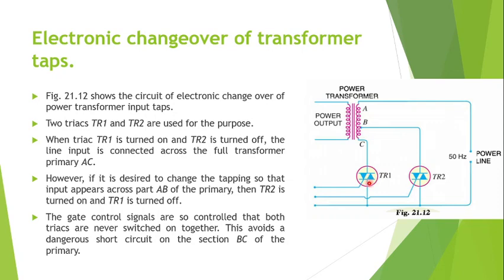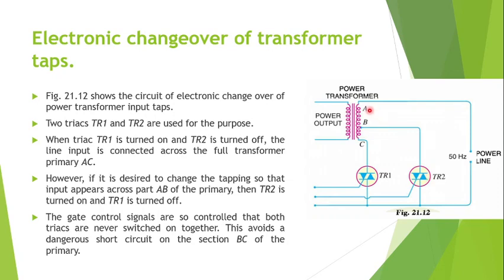So in the case when TRIAC TR1 is on and TR2 is off, the input line is connected across the full transformer primary, that is from point A to point C. So the primary is from A to C. Now suppose you want to change the tapping so that the primary is from only A to B, not A to C, then we put off TRIAC TR1 and put on TRIAC TR2.